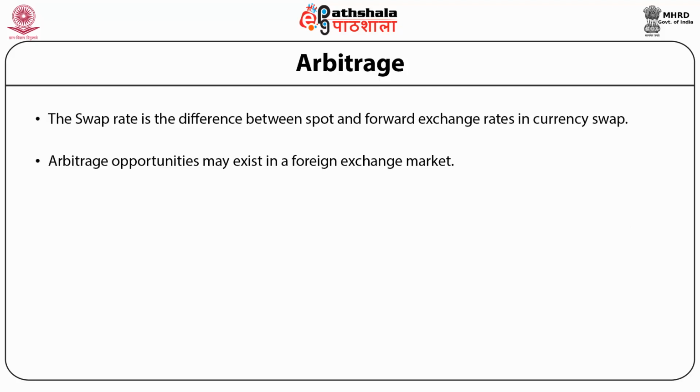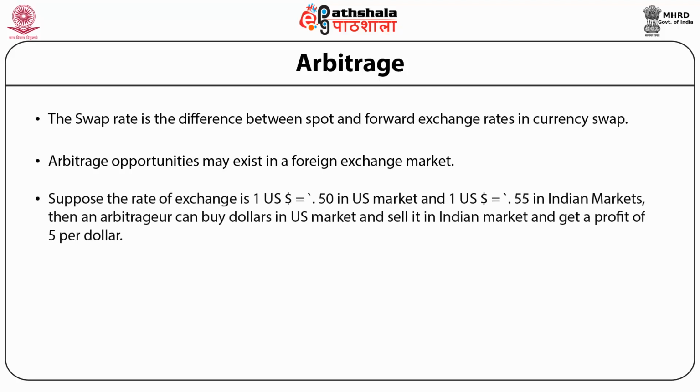Arbitrage opportunities may exist in the foreign exchange market. Suppose the rate of exchange is: $1 US is 0.50 in the US market and $1 US is equal to 0.55 in the Indian market. Then an arbitrageur can buy US dollars in the US market and sell them in the Indian market and get a profit of 5 per dollar.